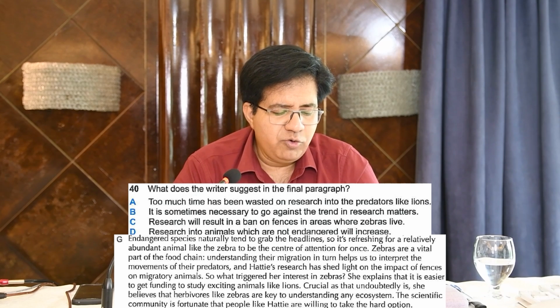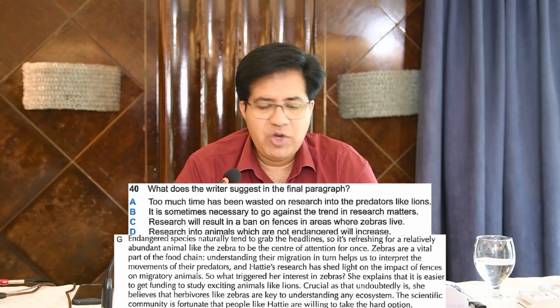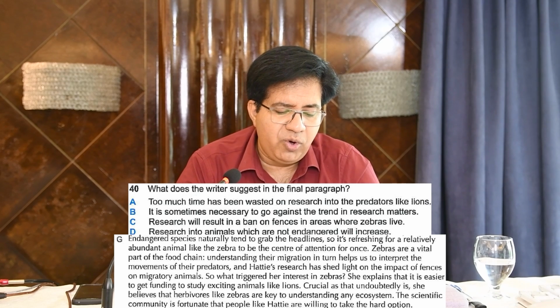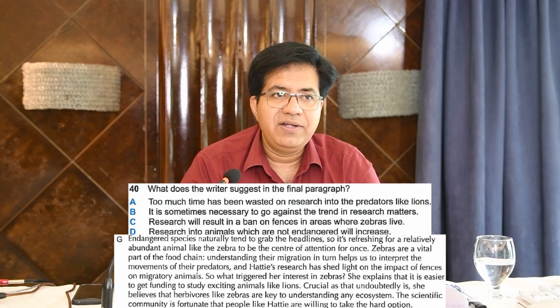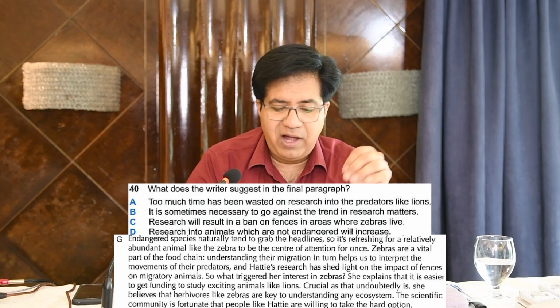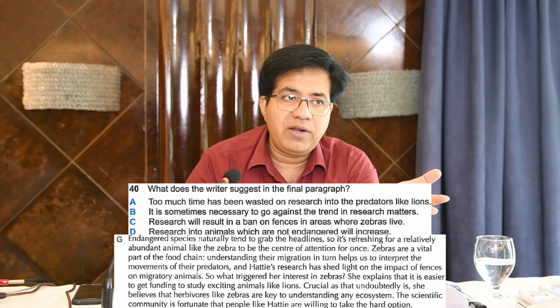Option A, too much time has been wasted on research. Is it right? No. Option B, it is sometimes necessary to go against the trend in research matters. What is the trend? To investigate endangered species. And how does she go against the trend? She is studying zebras, which are already abundant.